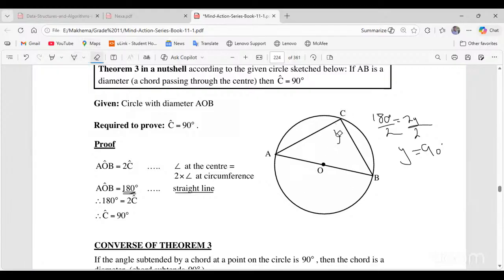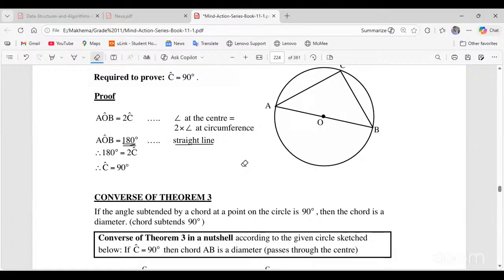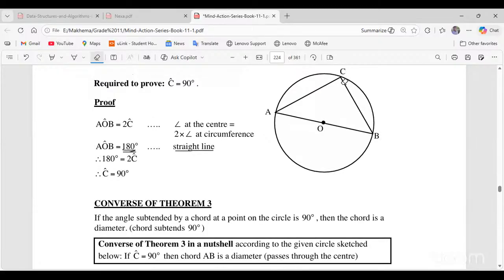Now, let's go for the converse of this theorem, right? We said the converse is the reverse. So now we will be given that that angle is 90 degrees. If you are given that this is 90 degrees, automatically AB will be the diameter, right?